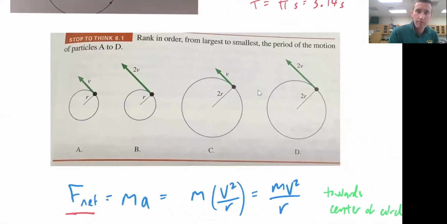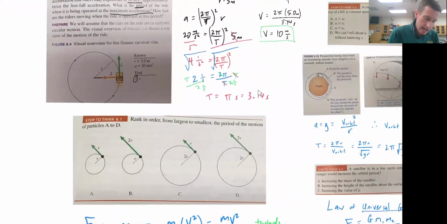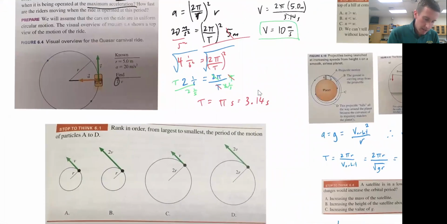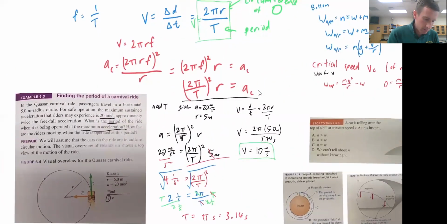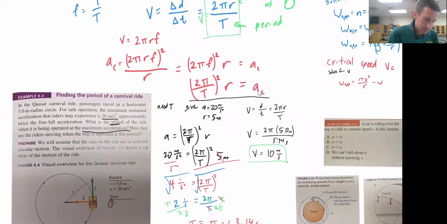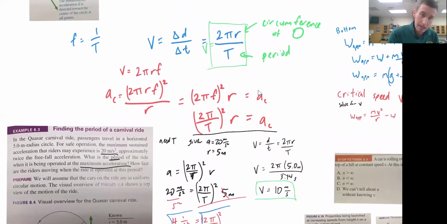Rank in order from largest to smallest the period of the motion of particles A to D. Okay, so period is how long it'll take to go around. Let's see, I need to solve here for period with velocity and radius.